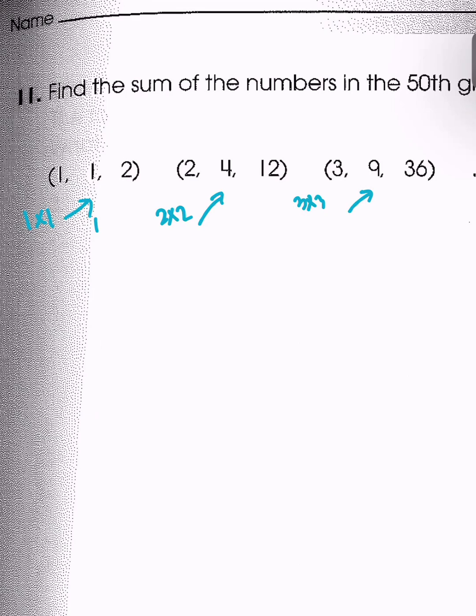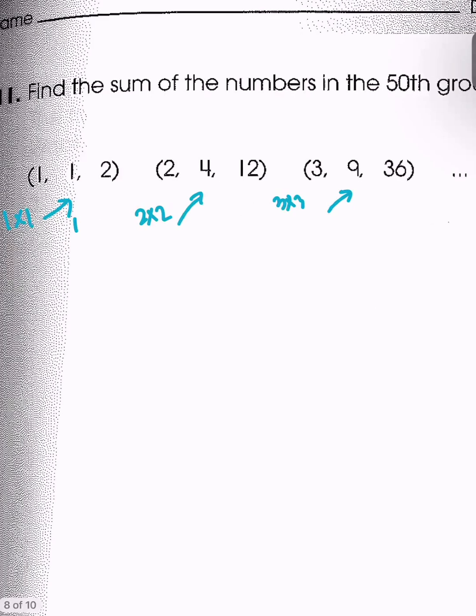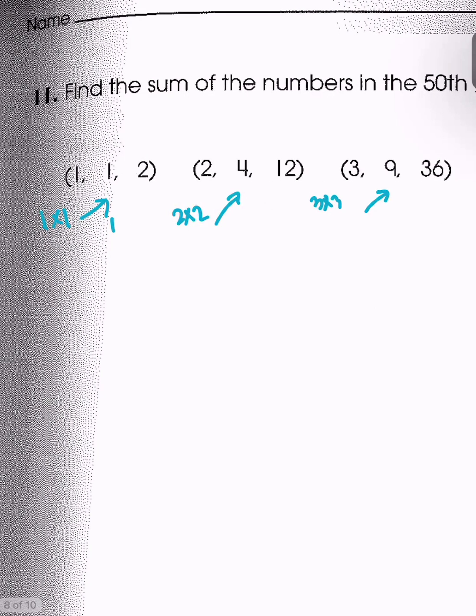So for now, since we're looking for the 50th group, we'll just figure out the first two numbers. So we start with 50, and we're going to take its square, so it's going to be 2,500.